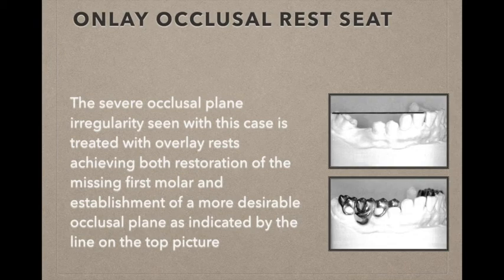Also, some people will use this to correct severe occlusal plane irregularity. Look at the pictures. If the patient has irregularity of the occlusal plane, as you see in the upper pictures, you either need to make several crowns to be sure that the occlusal plane can be established in the ideal position, or you can use this onlay occlusal rest seat to build up the occlusal plane.